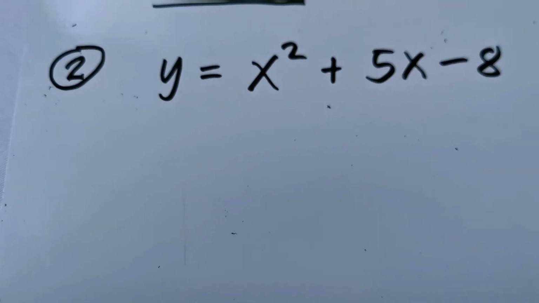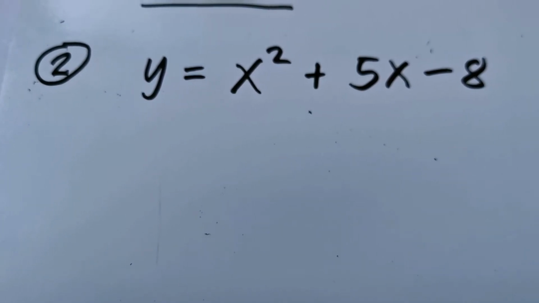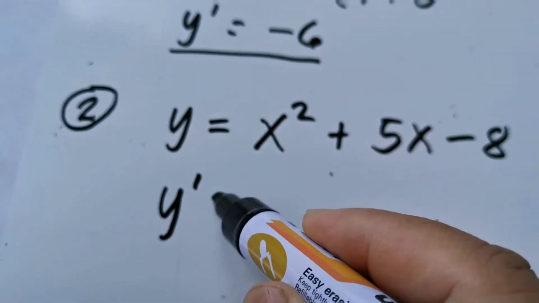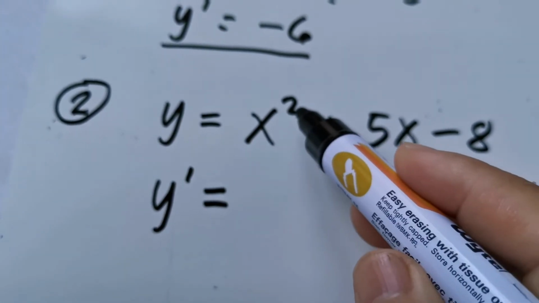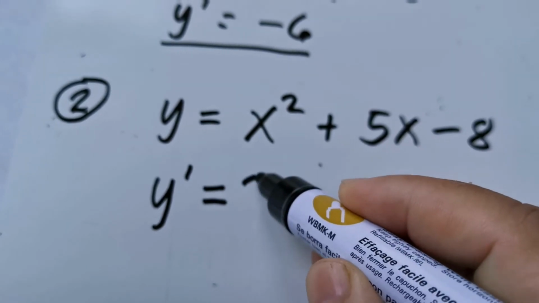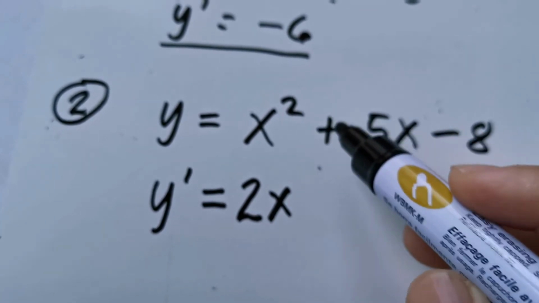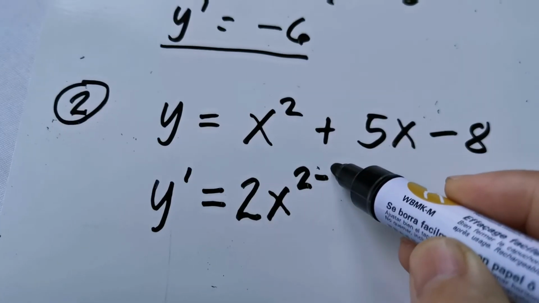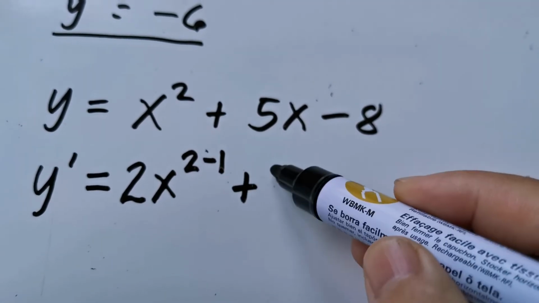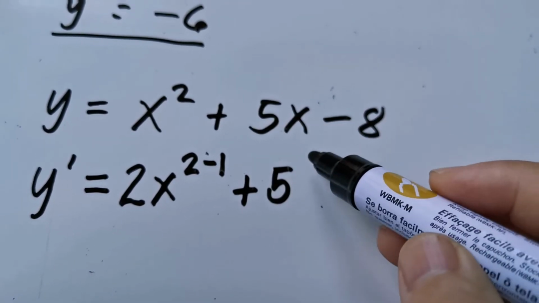We are now in the second example. y equals x squared plus 5x minus 8. We have y prime is equal to multiply the exponent to the numerical coefficient. So we have 2 times x, then subtract 1 from the exponent, so we have 2 minus 1, plus 5 times the derivative of the identity function.